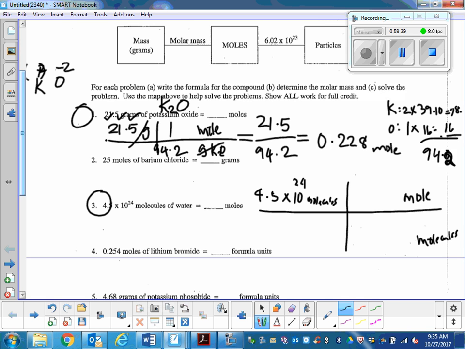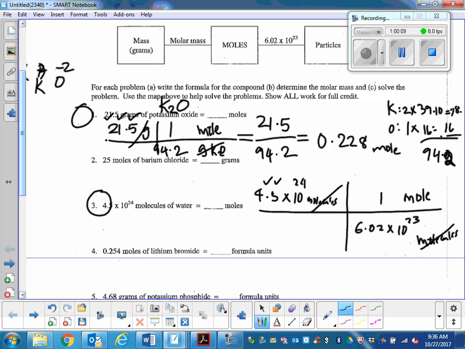How many molecules make a mole? 6.02 times 10 to the 23 molecules make a mole. Molecules cancel. What do I do with these two numbers? Divide. What is the answer to 2 significant figures?